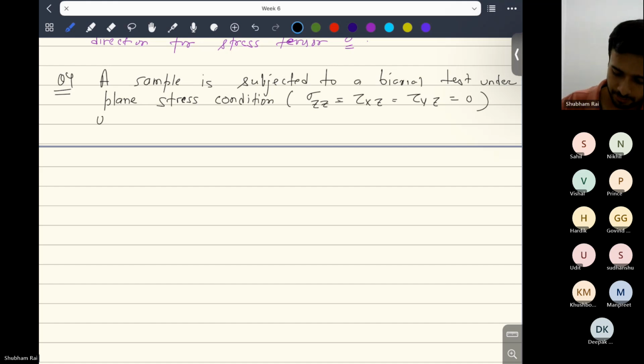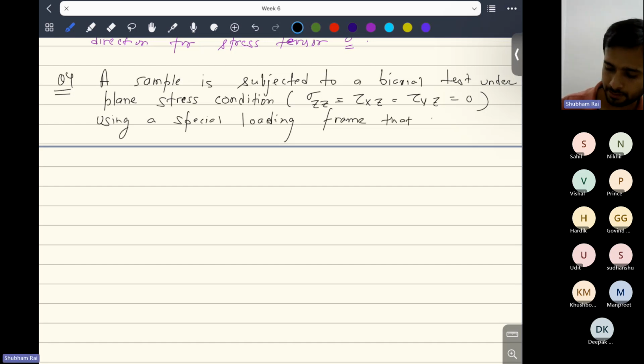And it is subjected to a biaxial test using a special loading frame that maintains an in-plane loading constraint.